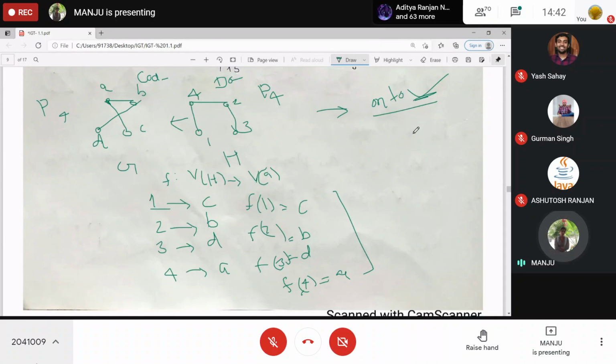Anyone else? One. What is the definition of a one-one function? We have done it in DM. Come on.